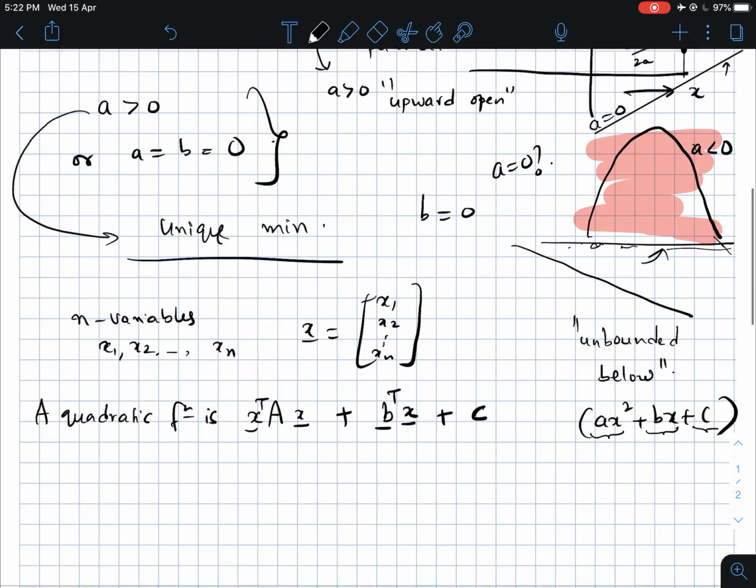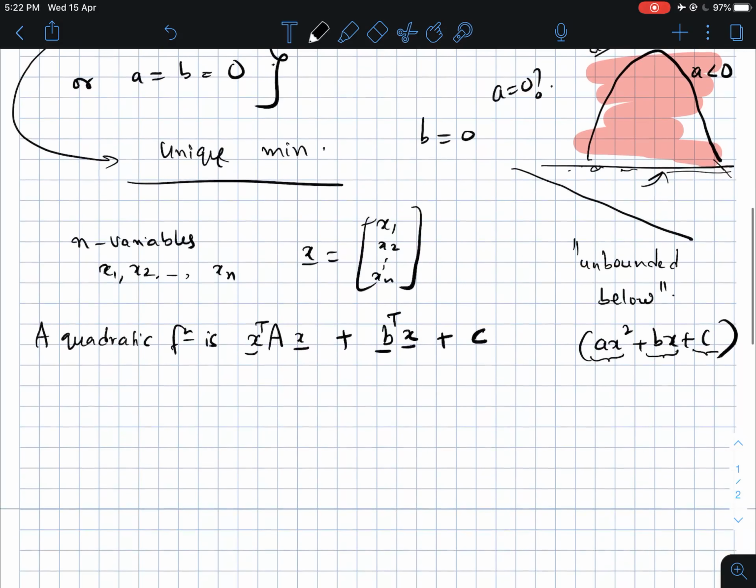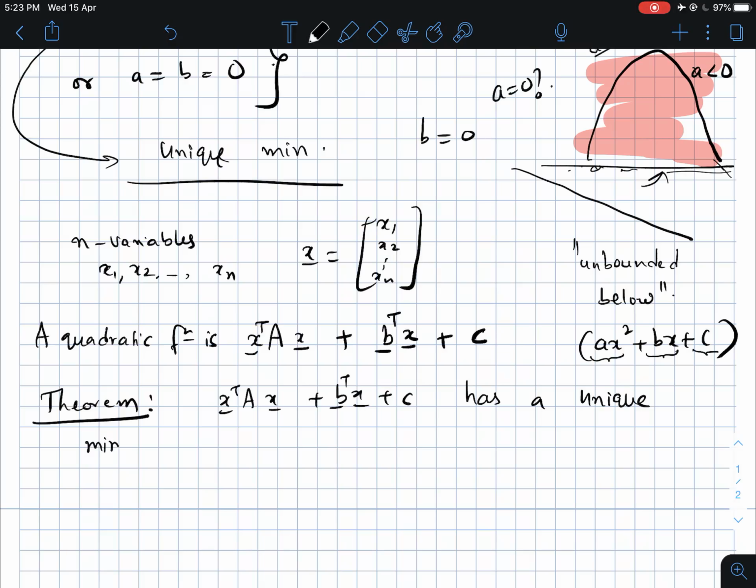Drawing a direct analogy to the one-dimensional case, this is a theorem that we are going to consider proving in this lecture. A quadratic function x transpose Ax plus b transpose x plus c has a unique minimum if and only if, can anybody guess what happened in the 1D case?